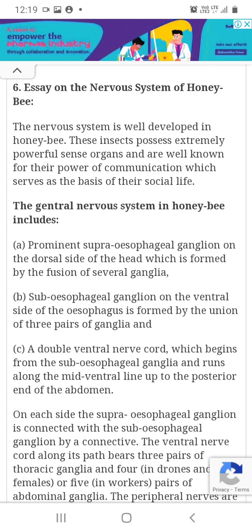They have receptors which can identify the taste of different types of nectars, and such types of receptors are called the gustatory receptors or the swadgrahi. Chemoreceptors are known as the घ्राणग्राही.